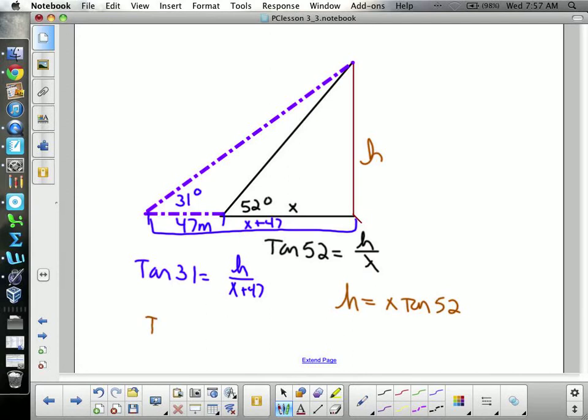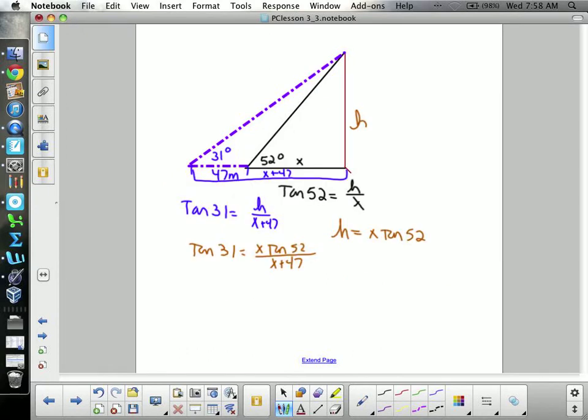So tan 31 equals x tan 52 over x plus 47. Isn't that fun? But at least I have just one variable now, so I can multiply both sides by x plus 47 times tan 31 equals x tan 52.